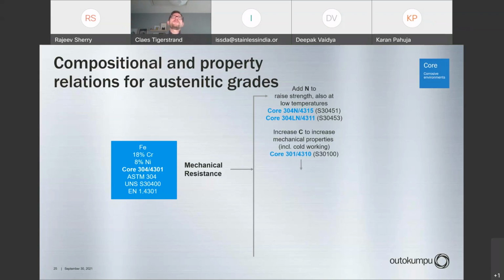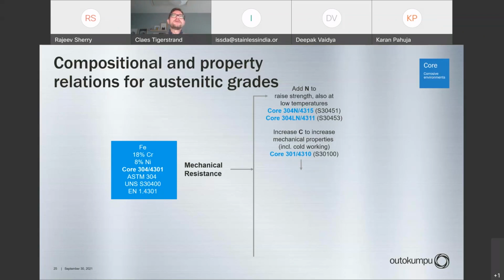Then we can also reduce the nickel and chromium slightly, which gives what is called a more unstable structure. That means that if you do cold working, that you will have plastic deformation of your material, you will actually increase the strength easily. And also when you go with cold working and increase the strength of this material, you will actually also get a magnetic material.